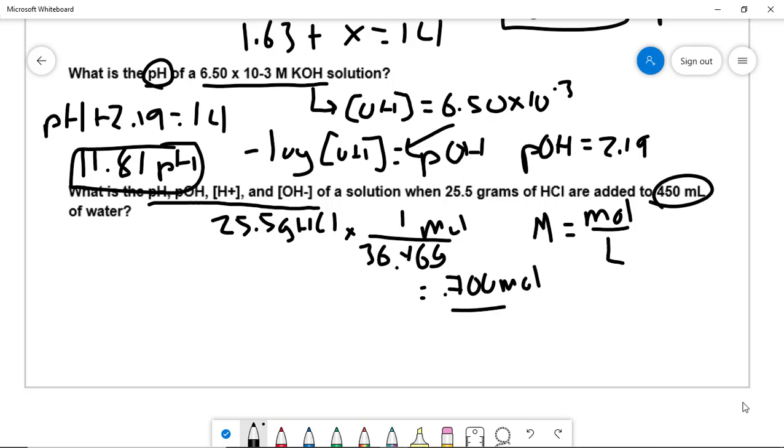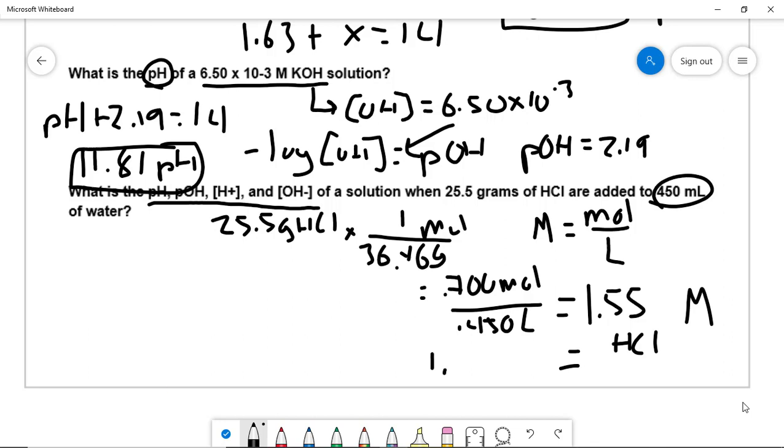450 milliliters is 0.450 liters. I can get my molarity. It's 1.55. Remember, that's HCl, so that's going to be the same as my H concentration. Now I can pretty much solve for everything else, right?